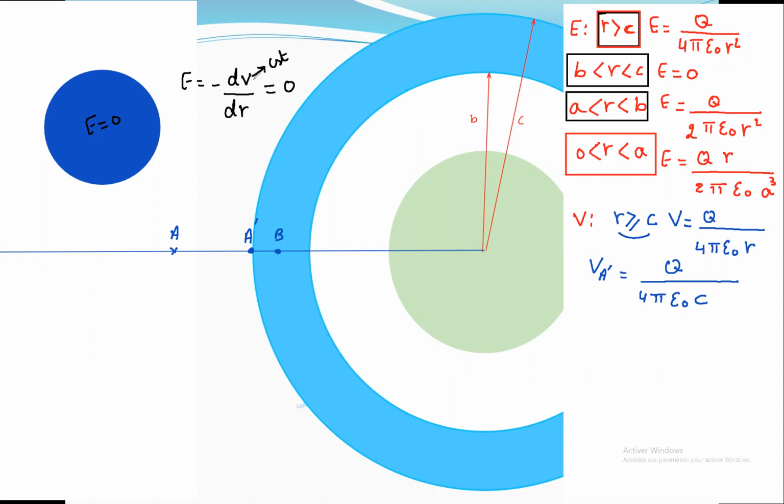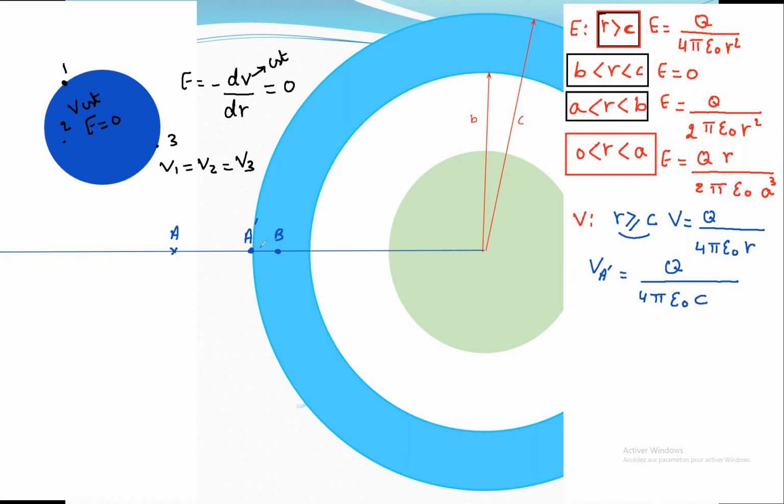You know that derivative of the constant value equals to 0. V is constant. So V inside the conducting object equals to constant at any point. We can say at this point 1, at the point 2, at the point 3, V1 equals to V2 equals to V3. We come back to this problem. Here we have inside the object, we have VB.